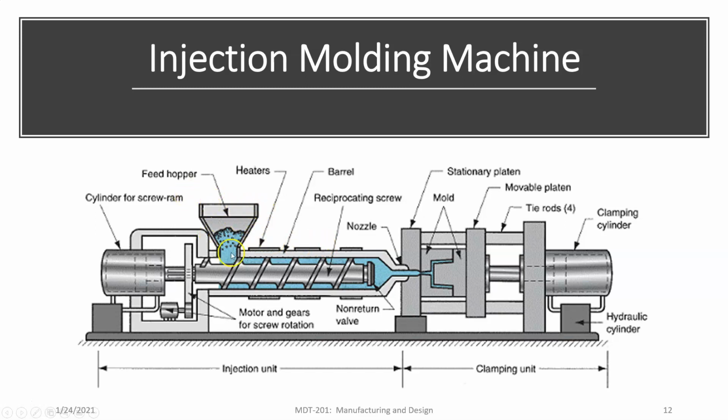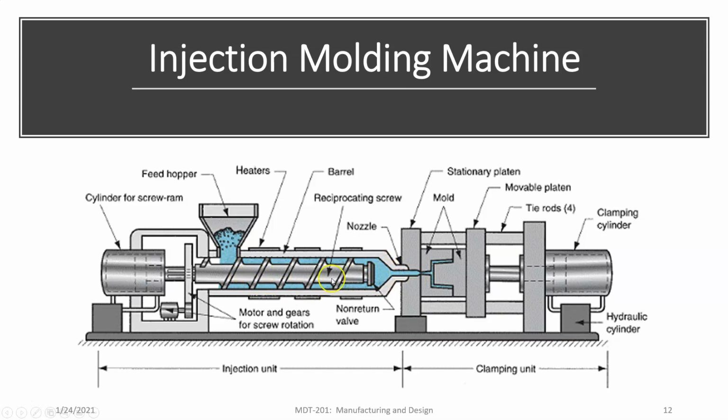So here's our hopper where we put our pellets. The pellets are dropped down into the screw, the reciprocating screw, which is just going to rotate. So the screw is rotating, and notice these screw threads here are going to feed the pellets into this chamber right in here where it's going to be injected.